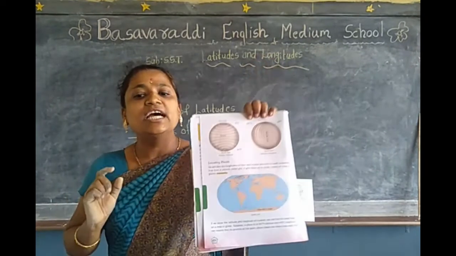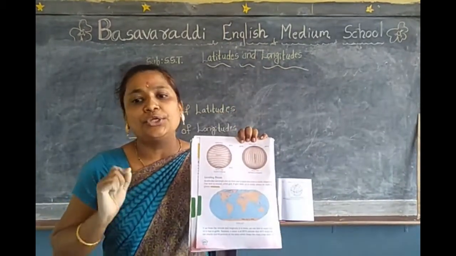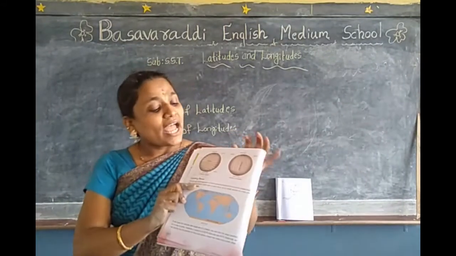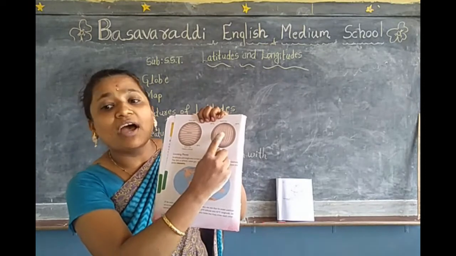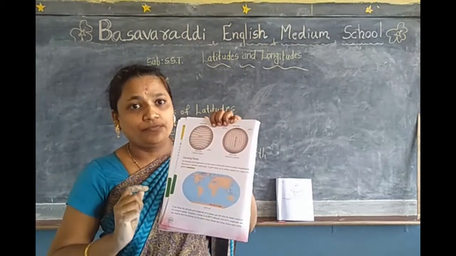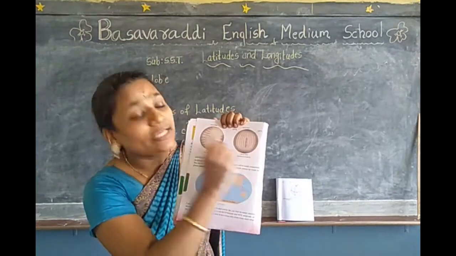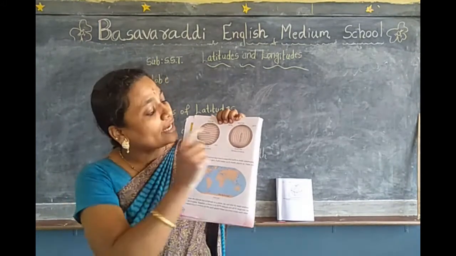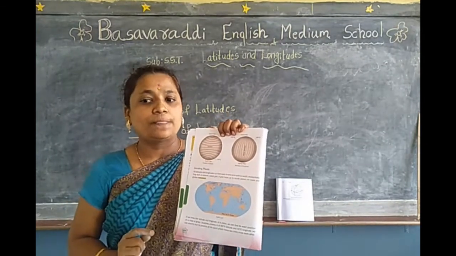It is considered as the 0° longitude. The prime meridian divides the earth into two hemispheres. One is the eastern hemisphere, another one is the western hemisphere.